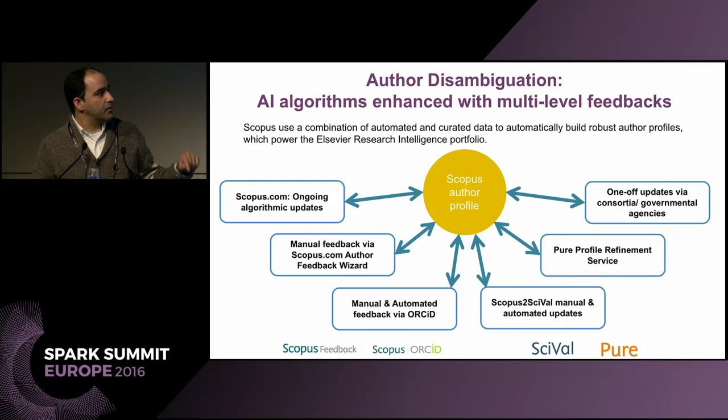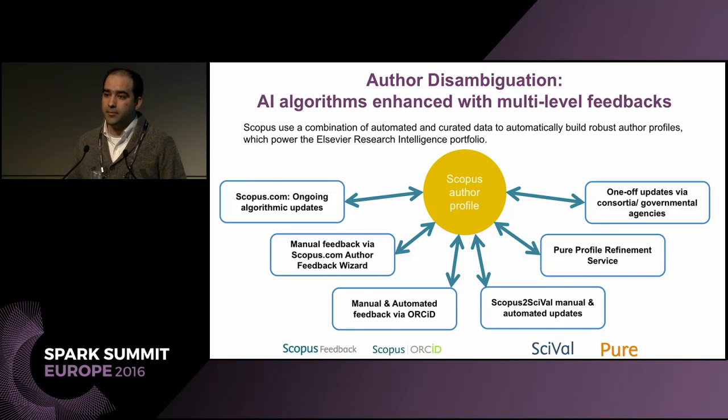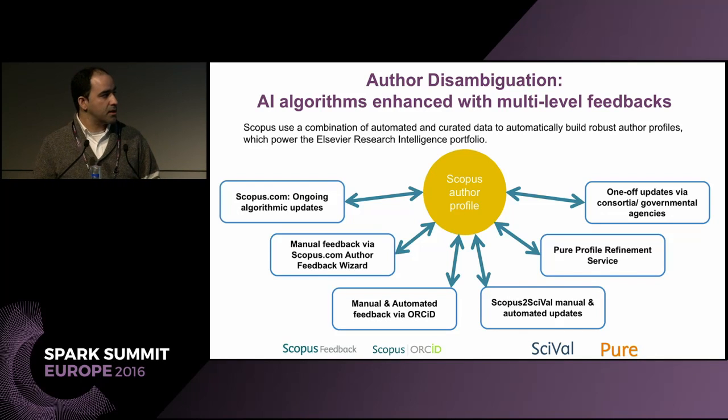There is firstly an algorithmic way, and then there is a feedback in the tool. You can claim your publication in Scopus or for your organizations, and then we verify it with our customer service teams, and we apply those corrections, and that will impact our algorithms.